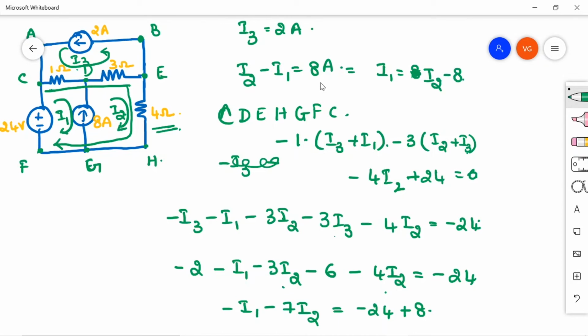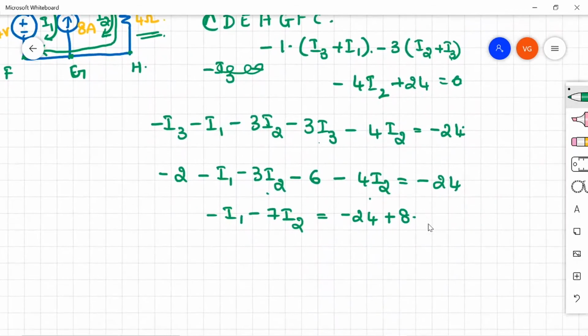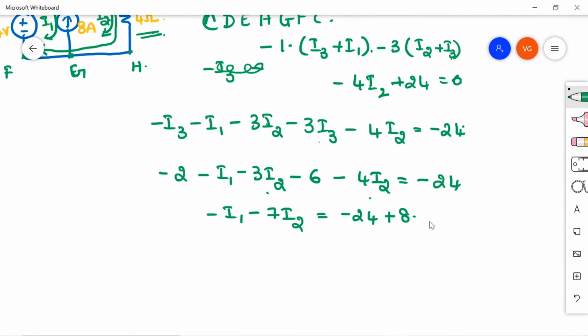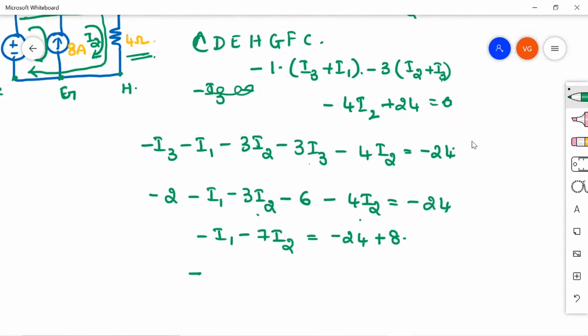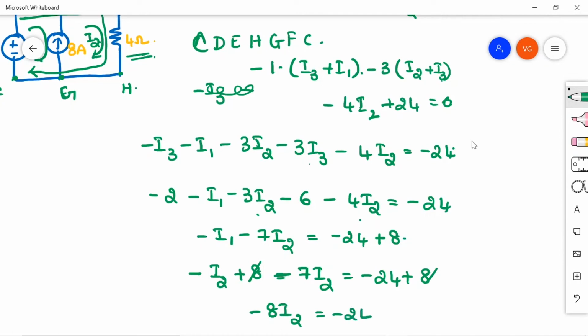So let us put this here. I1 place I am writing minus of I2 minus 8, right? So that minus I2 plus 8 minus 7I2 is equal to minus 24 plus 8. This 8 anyhow will get cancelled, right? Minus 8I2 is equal to minus 24. And that means I2 is equal to 24 by 8, 3 amperes, right?